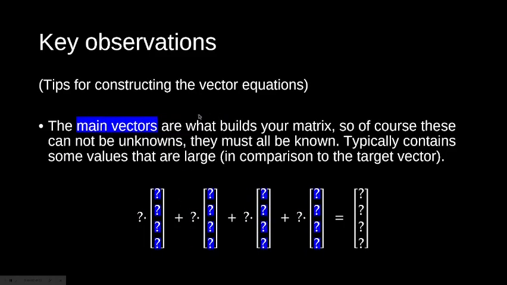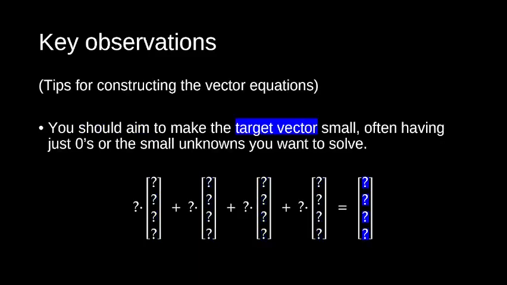The main vectors are what builds your matrix, so of course these must all be known. They also typically contain some values that are large in comparison to your unknowns in the target vector. And the target vector you should aim to keep small, often just having zeros or ones or the small unknowns you want to solve.